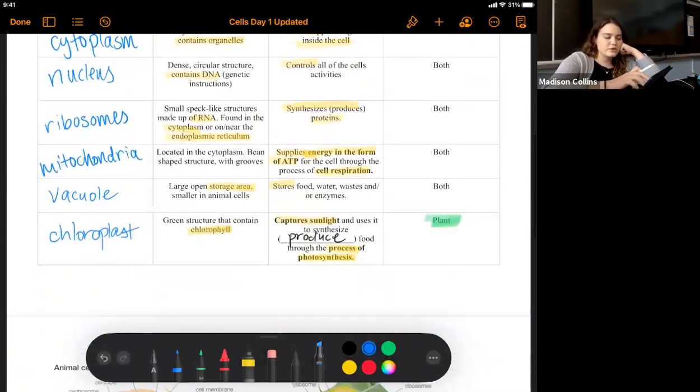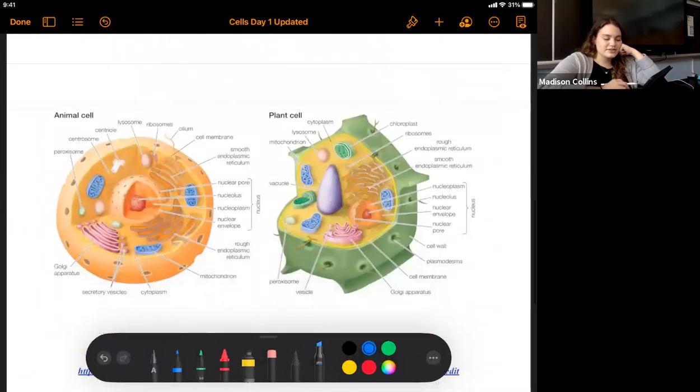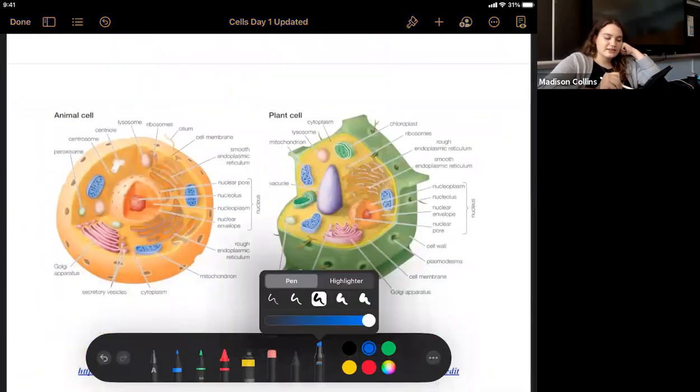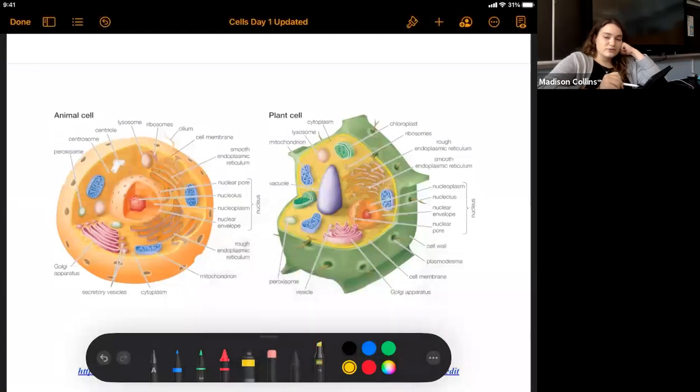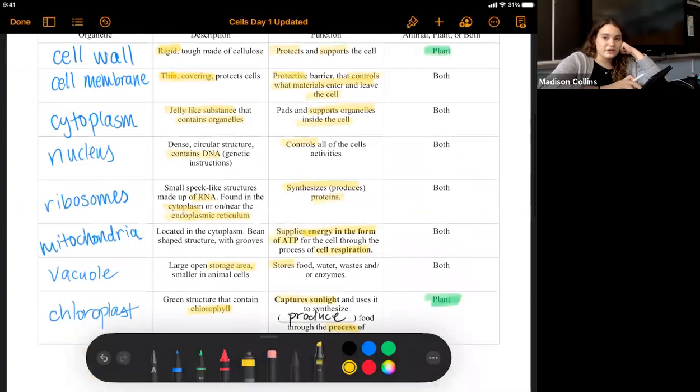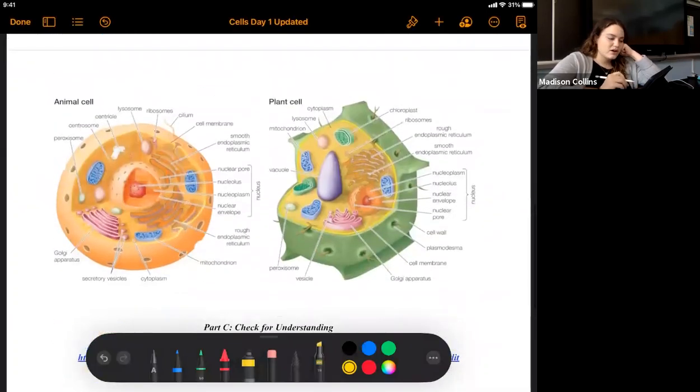So now I'm going to show you guys where these things are on these cells down here. I'm going to highlight the organelles that you need to know because there are a lot, and we're only going to focus on the ones that I've talked about up here. Okay, so on our animal cell, you need to know ribosomes, the cell membrane, the nucleus, the mitochondria, the cytoplasm, and I believe that's it.